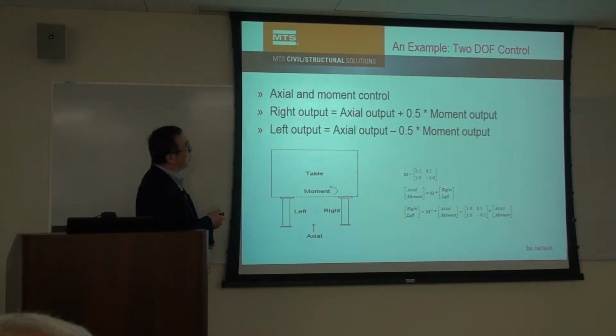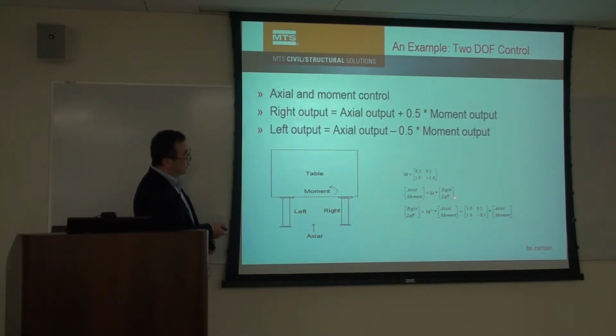To calculate the actual overall displacement, you need to set up the matrix. So X0 is equal to M matrix: left plus right divided by 2, and the moment or angle is left minus right, divided by a constant. If we ignore the constant, it is just left minus right. That matrix defines the relationship between the actuator control and the DOF control.